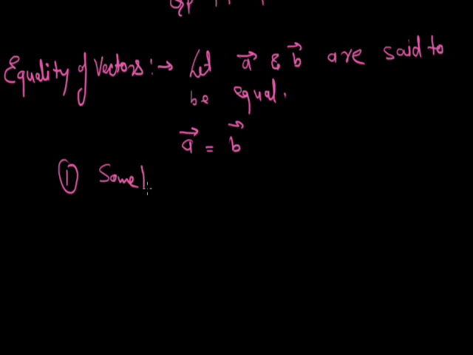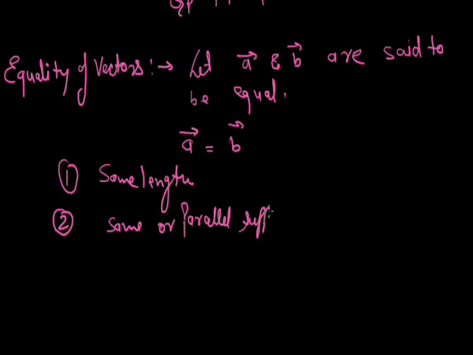The first thing is same length. Second, same or parallel support. Third, same sense. If two vectors have the same length but opposite sense, we can't say they are equal. They are equal when both have the same length, the same sense, and the same or parallel support.